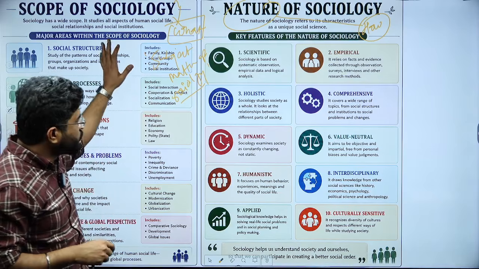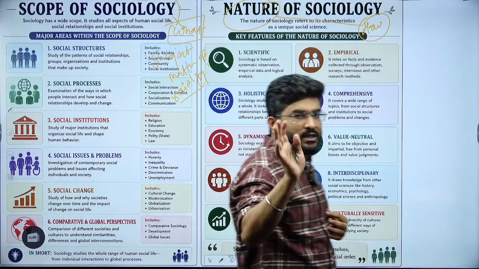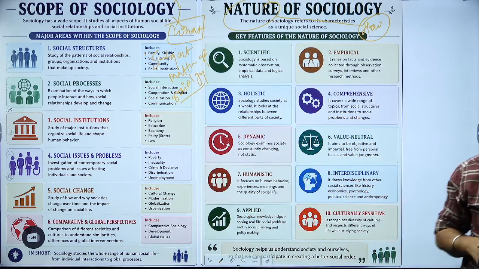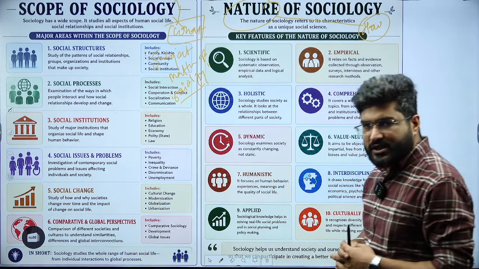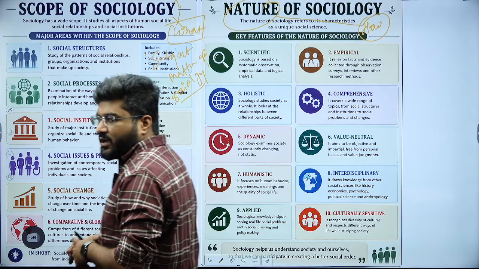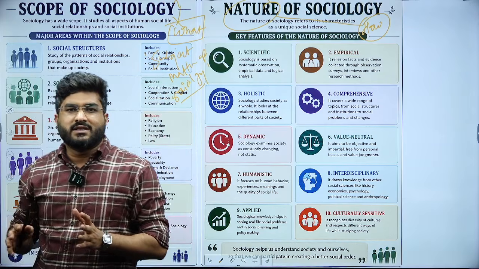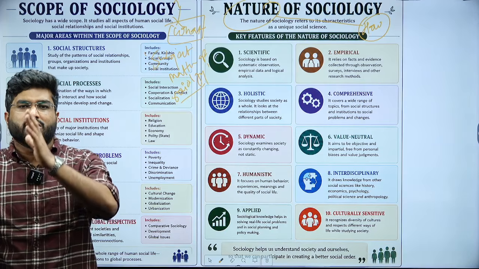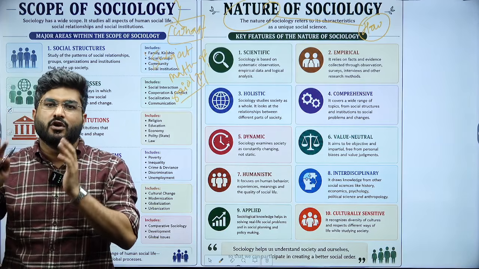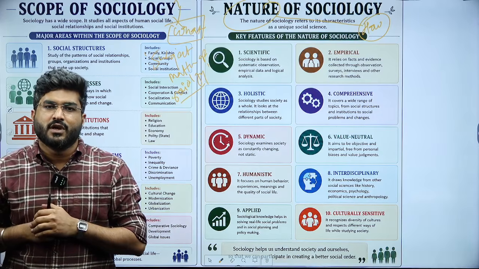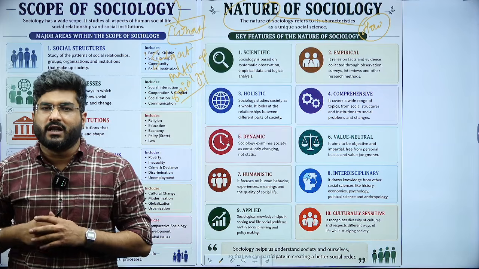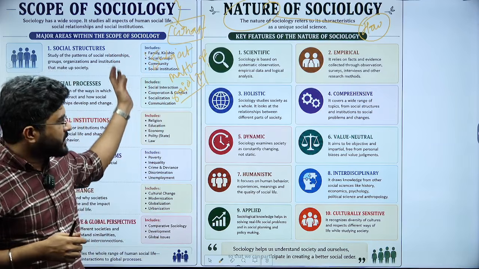Now, what will be the scope of sociology? Remember the definition of sociology which we highlighted in the orientation lecture: sociology is a discipline, a subject which is going to systematically study social institutions, human behavior, social processes, social relationships, and social change. Those 5 things which we have written there are nothing but the subject matter of sociology.